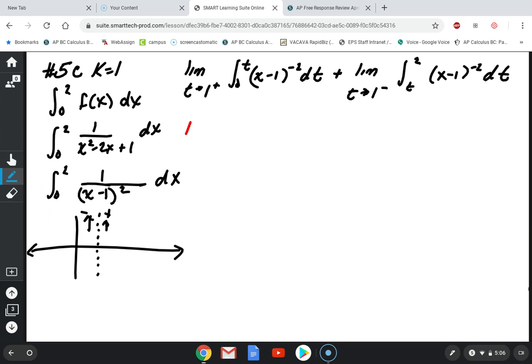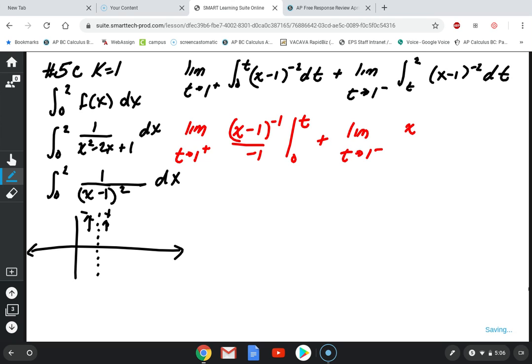So I have the limit as t goes to 1 from the right, and I'm going to have (x minus 1) to the negative first over negative 1 from 0 to t, plus the limit as t approaches 1 from the left of (x minus 1) to the negative first over negative 1 from t to 2.